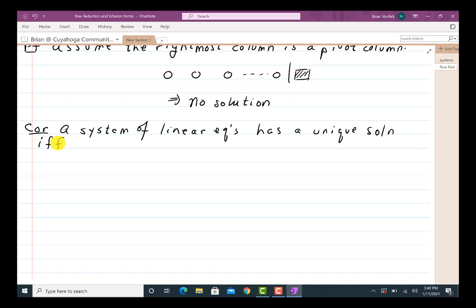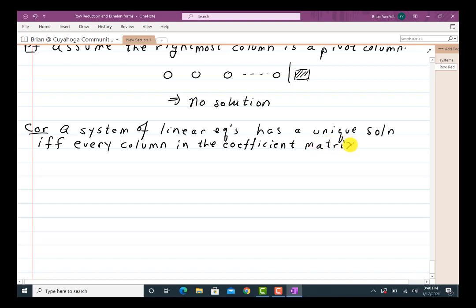So anyways, we have a unique solution if and only if every column in the coefficient matrix is a pivot column.